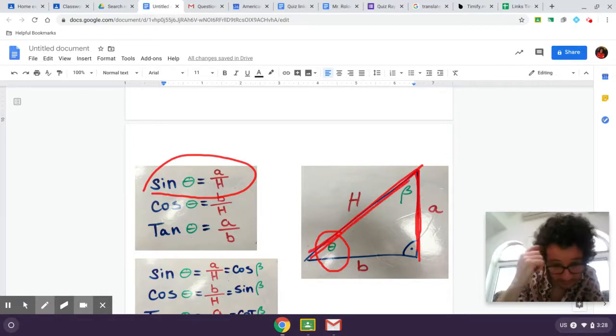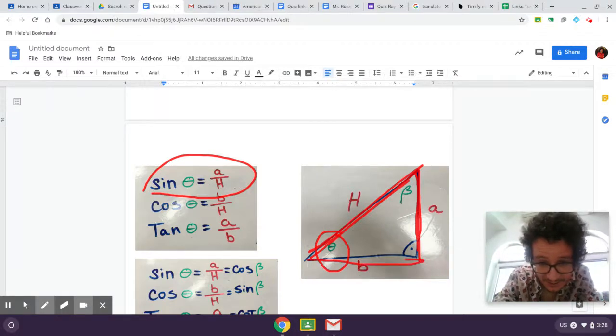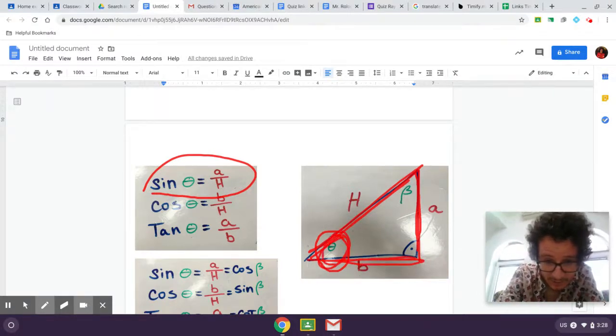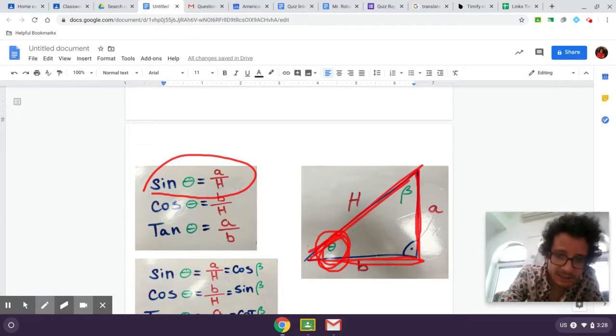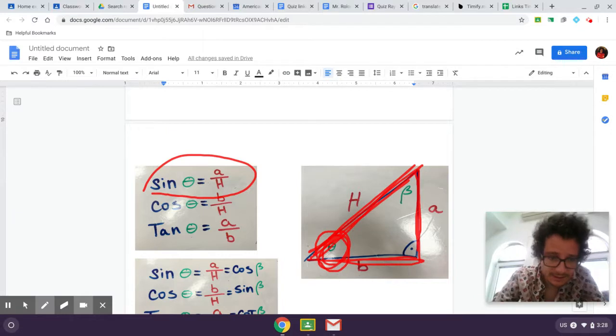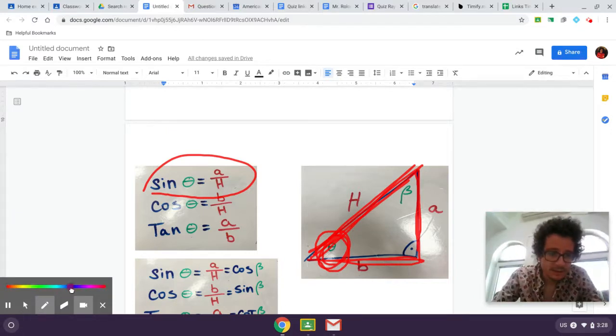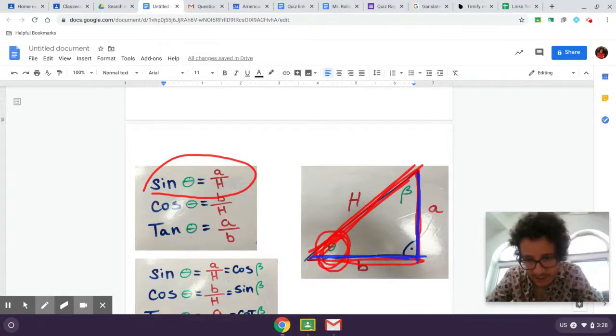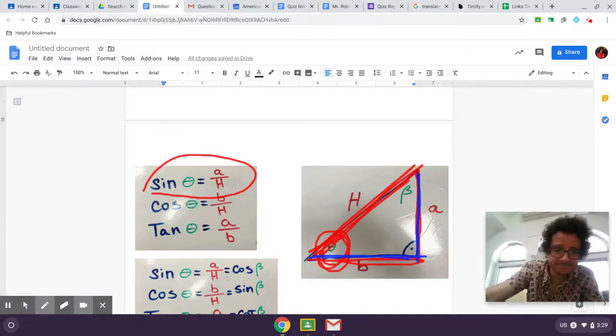Cosine is the adjacent side, which is B, when we are talking about theta, divided by the hypotenuse. And the tangent is the opposite side, A again, divided by the adjacent side, B. So depending on which kind of data we have and what we are looking for, it's going to be easier to apply some more than the others, okay?